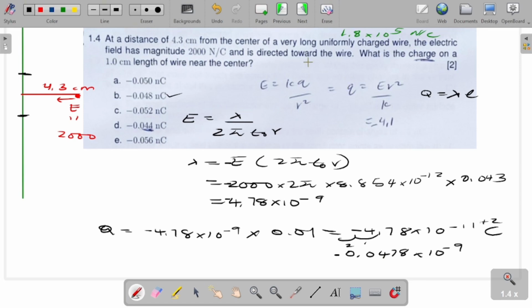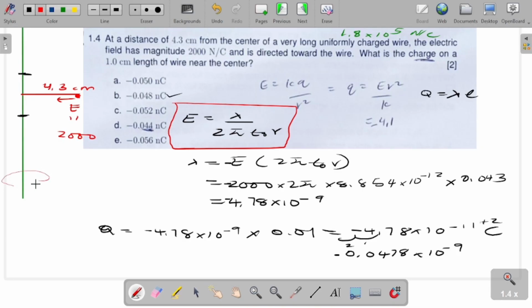Are there any questions before I derive this formula? If there is none, what we can do is to say, okay, this is an infinite line. For infinite lines or objects, infinite line, infinite sheet, infinite something, we can use Gauss's law.